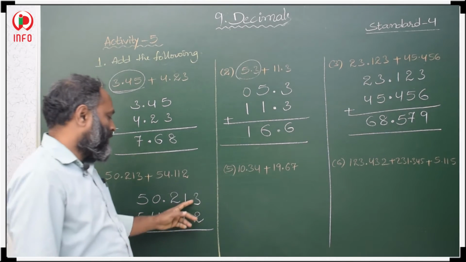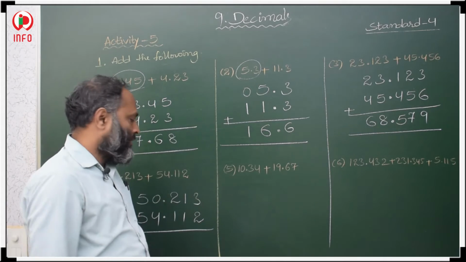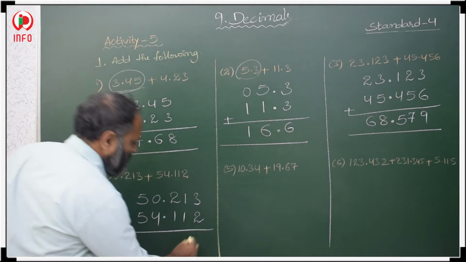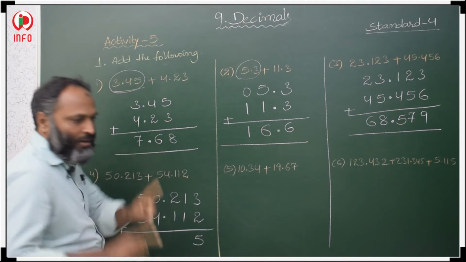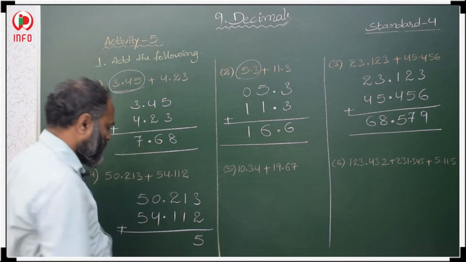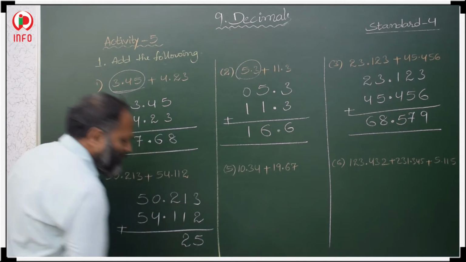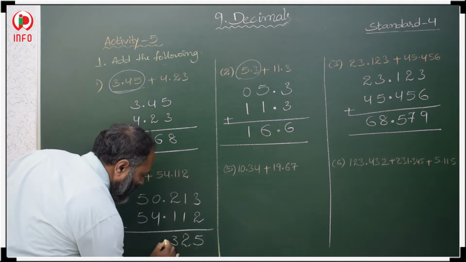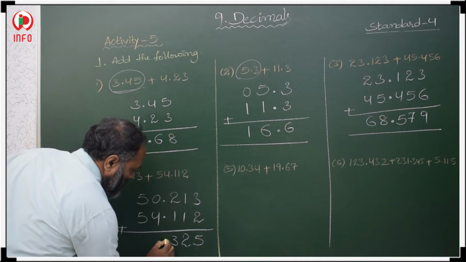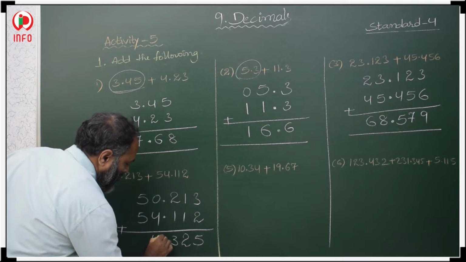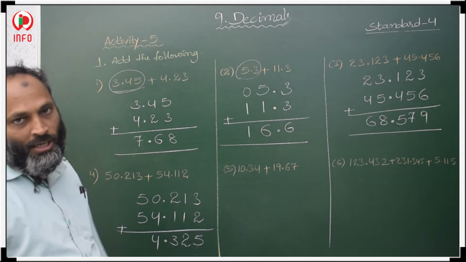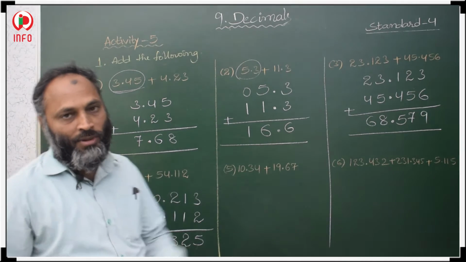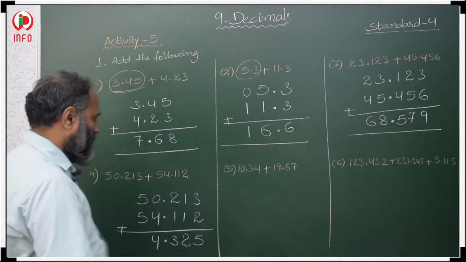Now add 3 plus 2, from right to left we have to add. 3 plus 2 is 5. 1 plus 1 is 2. 2 plus 1 is 3. 0 plus 4, after that we keep the decimal. 0 plus 4: if 0 is added with any number, the number itself is the answer. Then 5 plus 5, total 10.